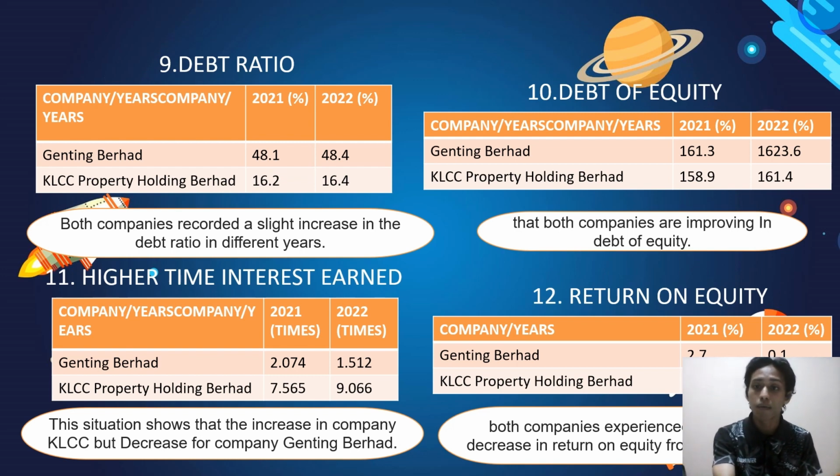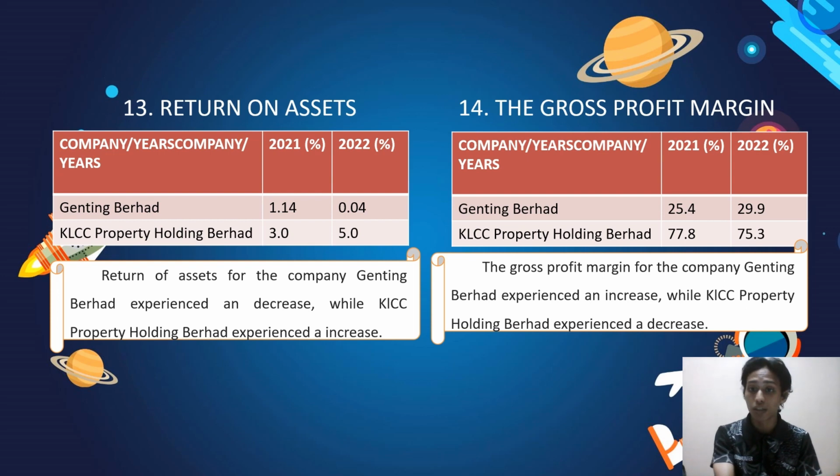The debt to equity increased for both companies. For the times interest earned, we can see Genting Berhad decreased, but KLCC Property Holding Berhad increased. For the return on equity, both companies decreased, and for the return on assets, we can see that Genting Berhad went from 1.14% to 0.04%.